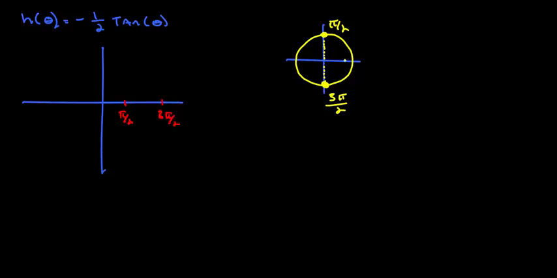And once your line is vertical here and here, it's going to be undefined. So we're going to have undefined values. The other way to think about this is it's sine over cosine, and cosine is 0 at those values. So again, at negative pi over 2, there will be a dashed line.